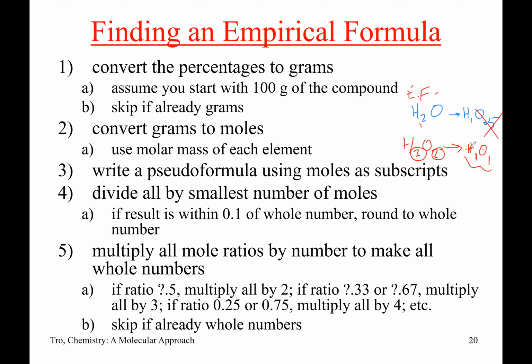Empirical formula shows the lowest ratio. If you want to go from the empirical formula to the molecular formula, you have to multiply by an integer, and that is the n value. In this case, we already know, because we have the empirical and the molecular, n is going to be 2. So you multiply the subscripts of the empirical formula by 2 to go to the molecular formula.